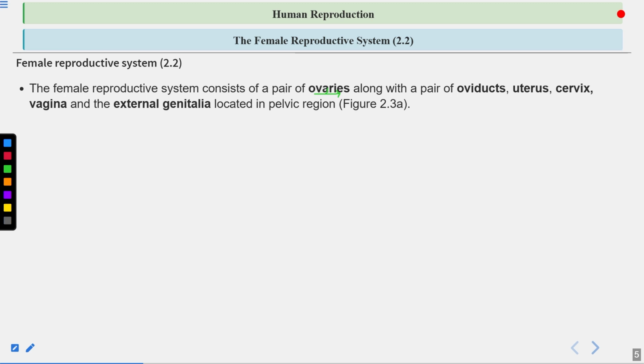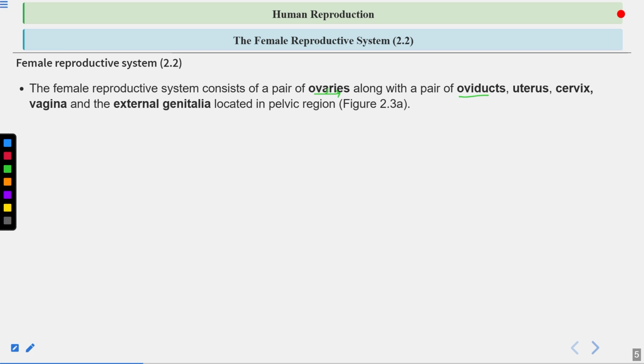A pair of ovaries is present, which means two ovaries, along with a pair of oviducts. Oviducts are also known as the fallopian tubes. Then the uterus is present, the cervix, the vagina, and the external genitalia, which are located in the pelvis region.